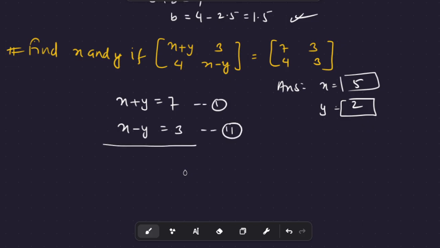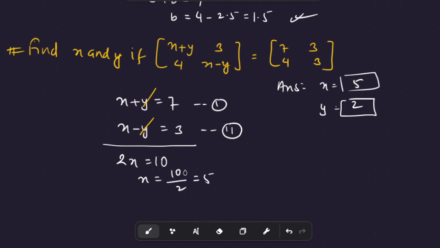Now we can cancel this y. So this is addition. When adding, it's not necessary to change the sign here. But when you are subtracting these two equations, then the sign of all these terms should be changed. So in this case, x plus x becomes 2x equals, this y has been eliminated now. 7 plus 3 is 10. X equals 10 over 2, which is equal to 5.